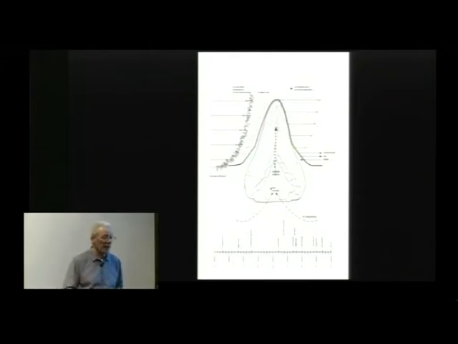Now, more recently, architects have often said, yeah, we're doing stack effects, we'll have a central chimney, and it's based on a termite nest. What it turned out to be based on was a 60-year-old diagram that in the last 10 to 15 years has proven to be totally wrong.